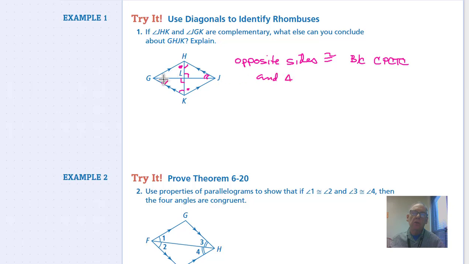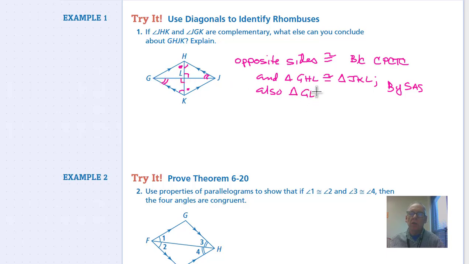And triangle GHL is congruent to triangle JKL. And this is by side angle side.